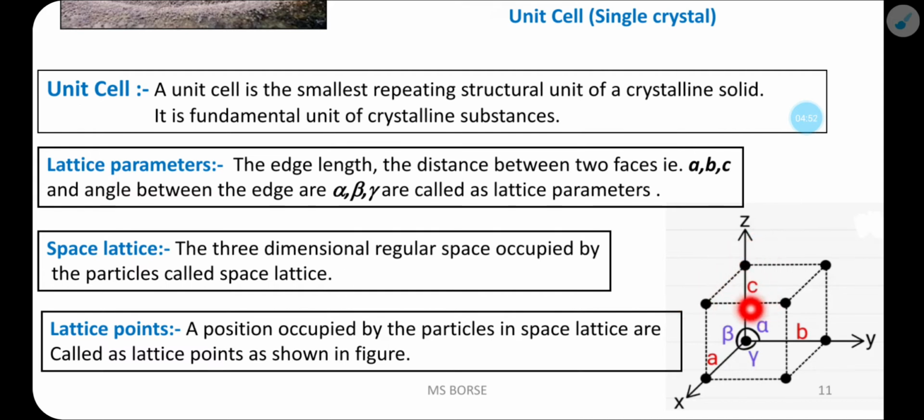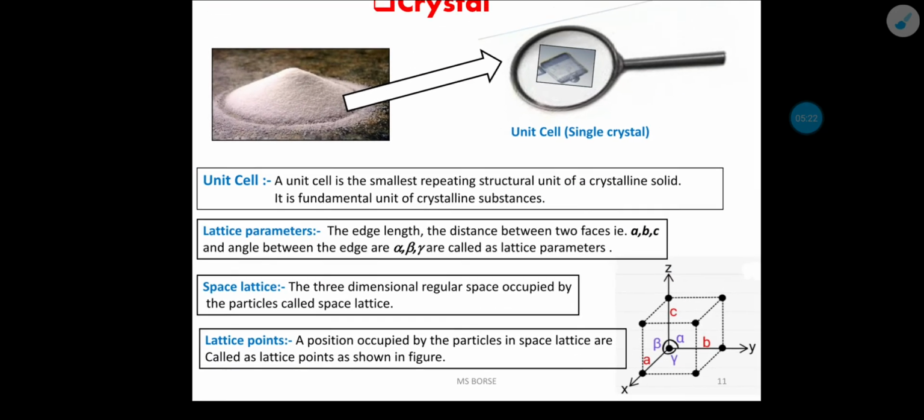So these dark positions will be the lattice points. The three-dimensional space in between these lattice points is called the lattice space, and the lattice parameters will be the edge lengths a, b, c. This edge length is called the bond length, and the edge angle or plane angle alpha, beta, and gamma are also called lattice parameters, and this single unit is called the unit cell. Okay.